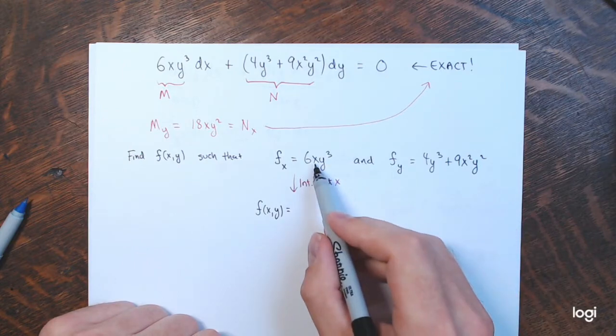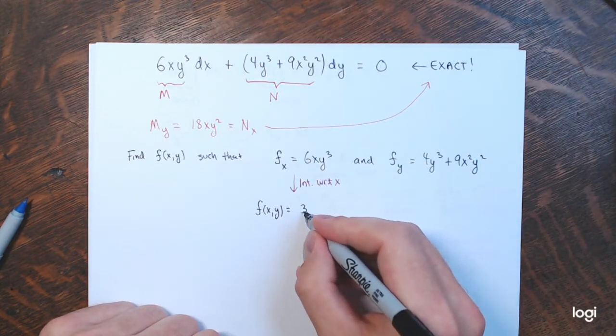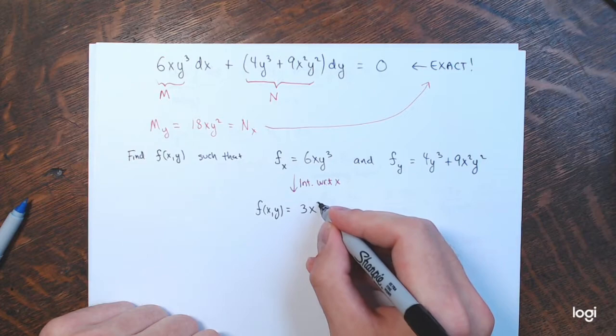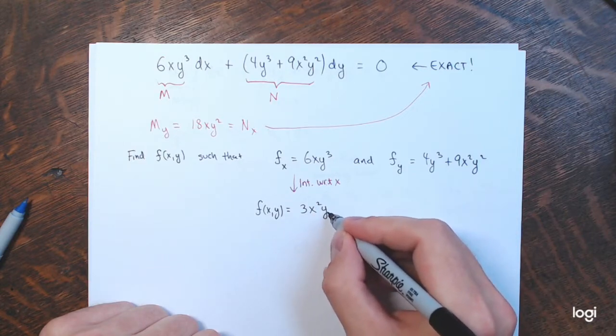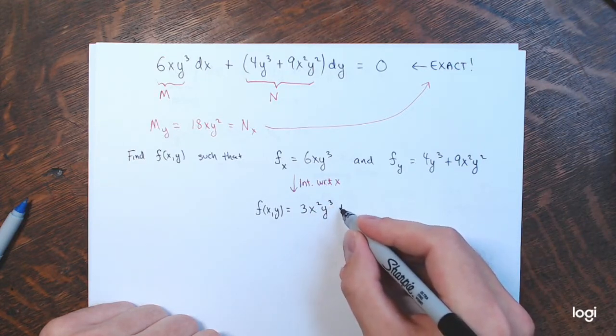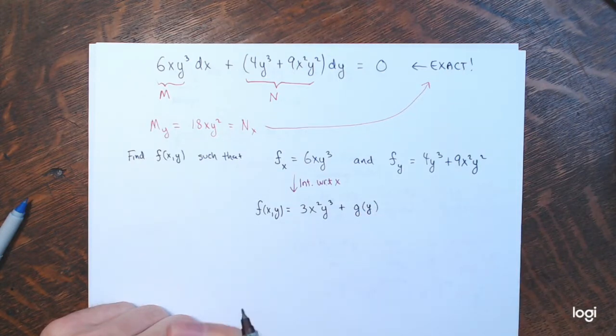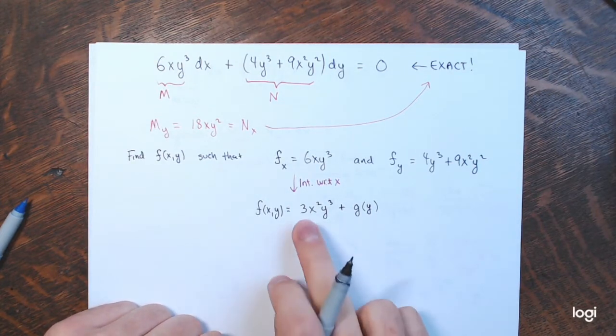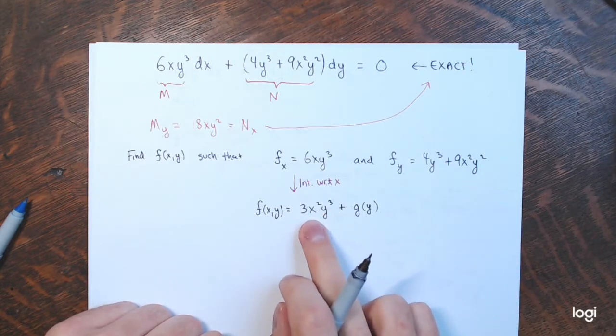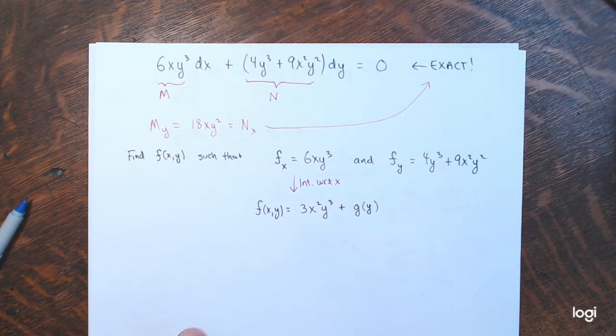So this would be 3x squared y cubed, plus some function of y, which again I'll call g of y, like in the first example. And then I'm going to compare this to this, so take the form that f is in and take the partial with respect to y.